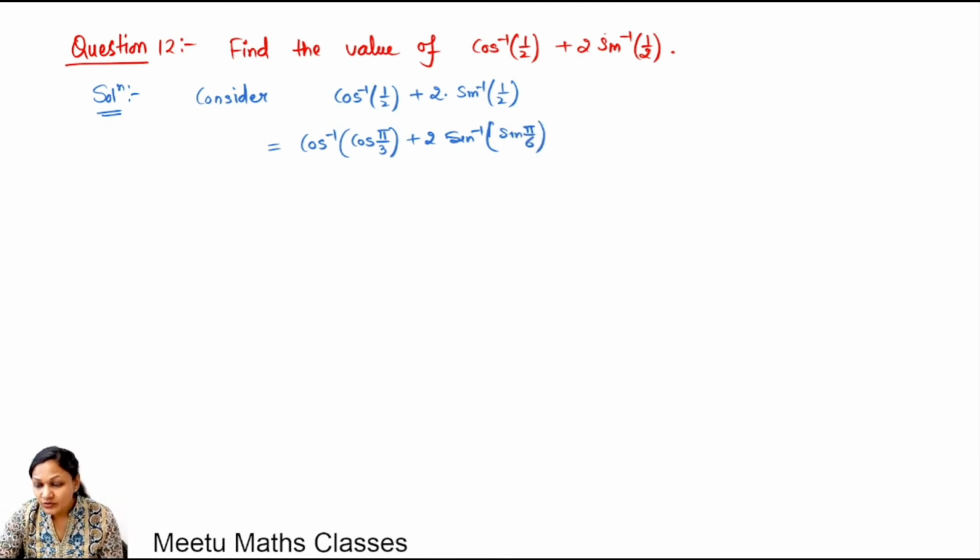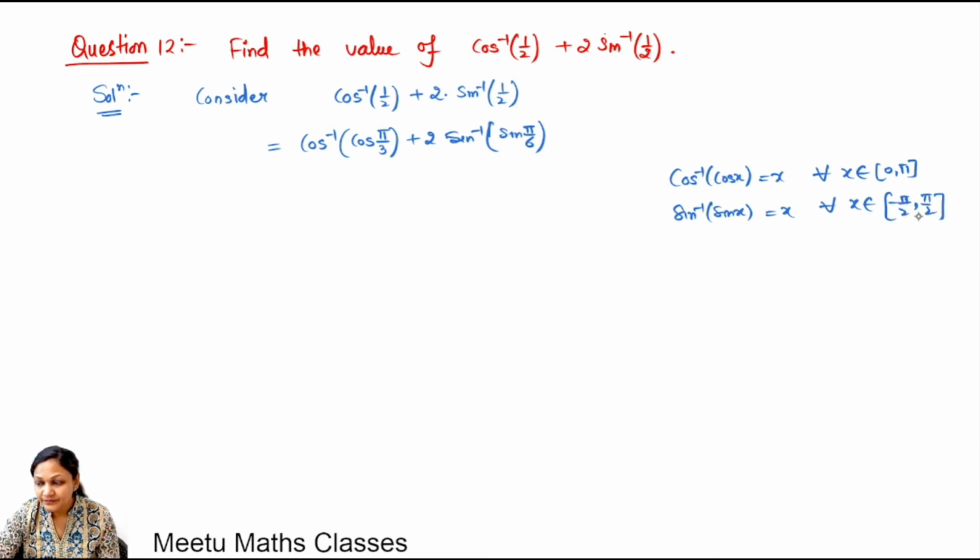Now we know that cos inverse of cos x is equal to x for all x belonging to 0 to pi, and sine inverse of sin x is equal to x for all x belonging to minus pi by 2 to pi by 2. Okay. So here pi by 3 lies between 0 to pi.